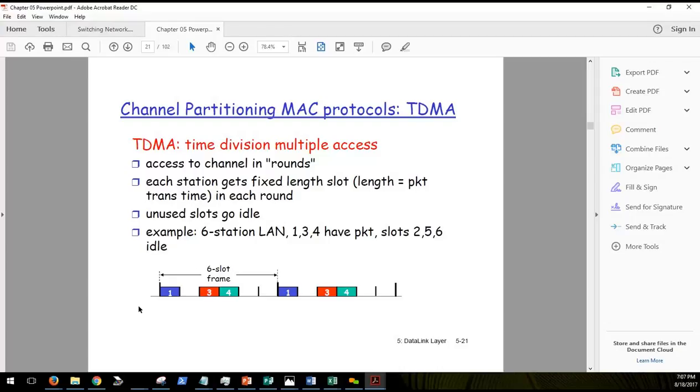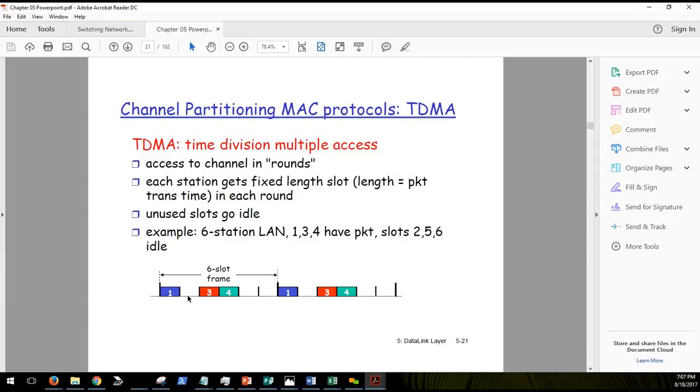If station 1 has anything to say, it's going to put it into its slot. And if station 3 has something to say, into slot 3. But you'll notice that there's nothing in slot 2 because station 2 is not transmitting. So slots 2, 5, and 6 are idle.